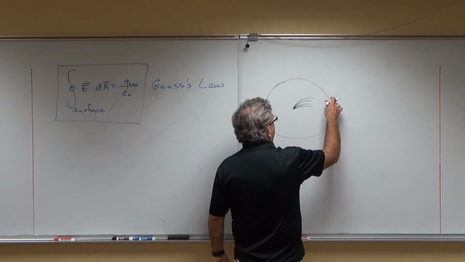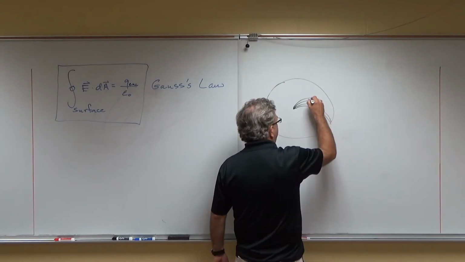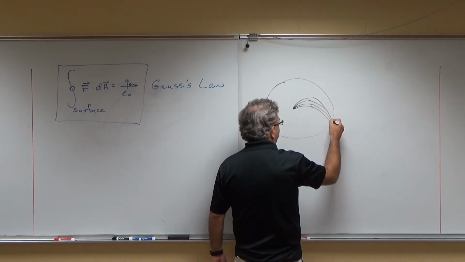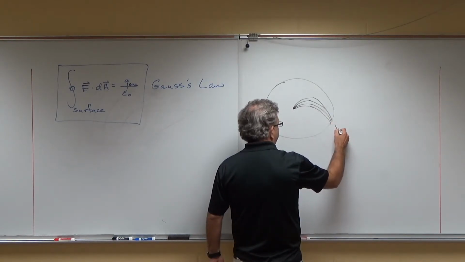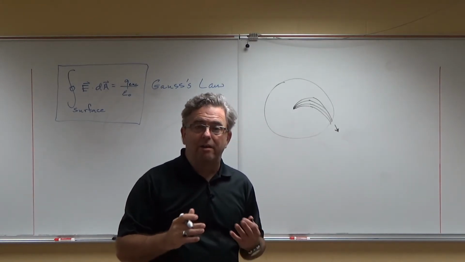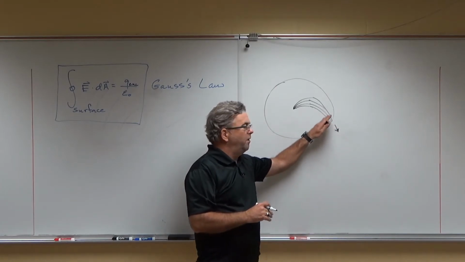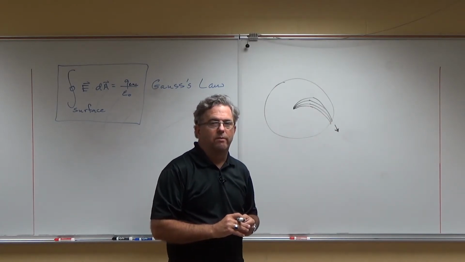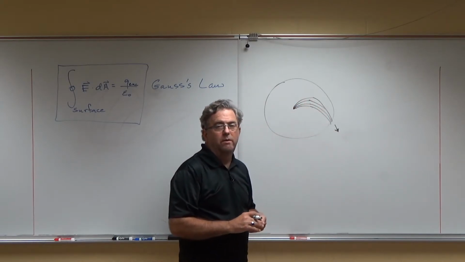Let's say this is a membrane. This water is flowing out of the surface over here. How much water is flowing out of the surface over here?